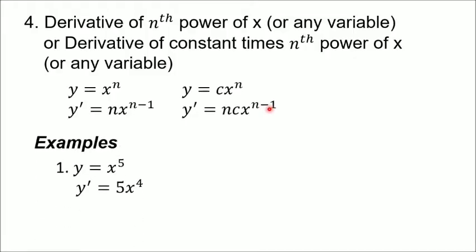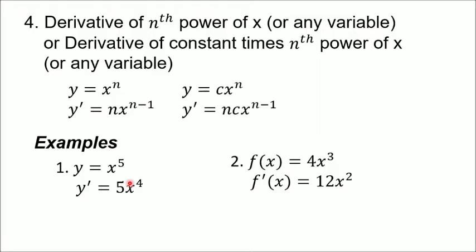To make this very clear, we have here example. Number 1, y equals x to the 5. Okay, so walang constant dito or coefficient maliban sa 1. So the derivative or y prime is just equal to 5. Okay, that is the exponent n, 5 times x to the 4. 4 dahil nag-subtract na tayo ng 1 dun sa 5. O, ganun lang.